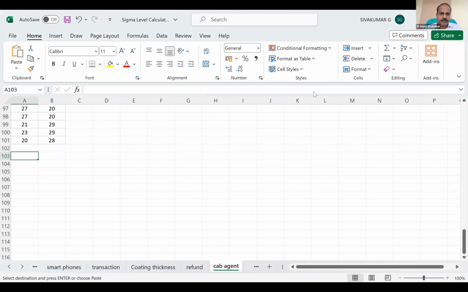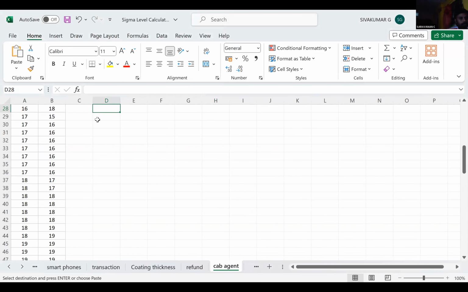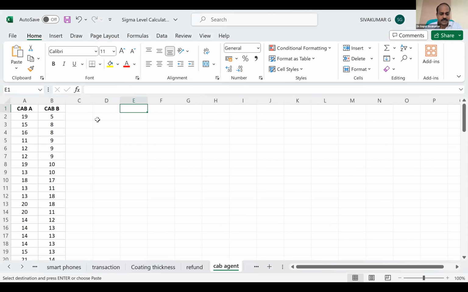I will type it again. See here, I have a y variable, right? Okay, I have an x variable, and I have a y variable also.